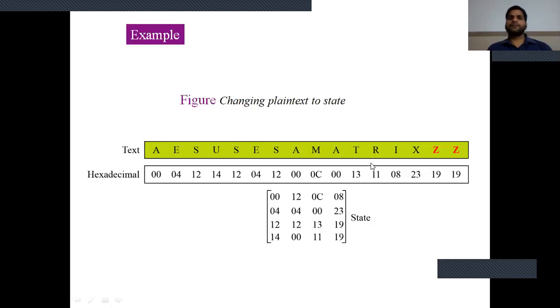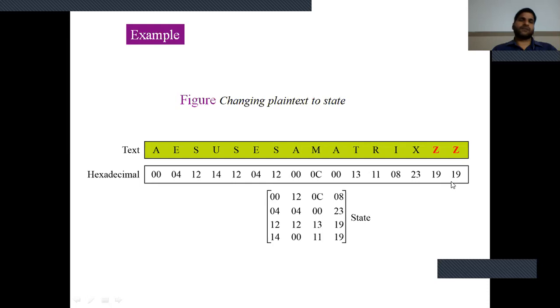Now an example for changing plain text to state. Suppose the text given is AES uses a matrix. First we convert the given text into hexadecimal form: A we can write as 00, E equals 04, S equals 12, and so on.